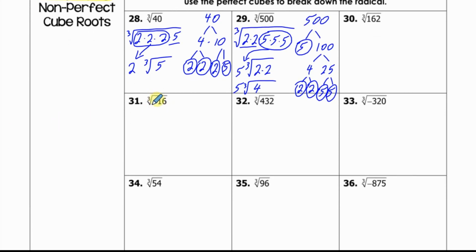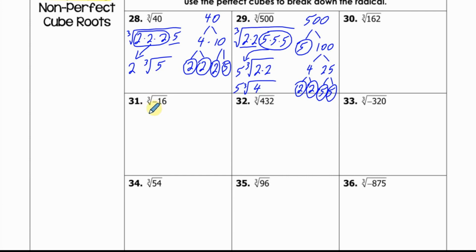All right, now, cube root of negative numbers. The best way to deal with this, because it's a negative number, is immediately pull out the negative. I know the cube root of a negative number is going to be a negative number.